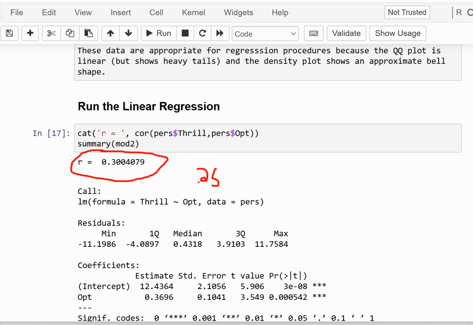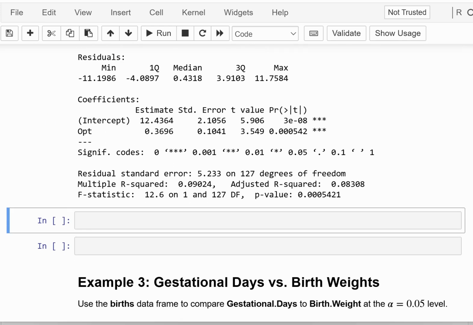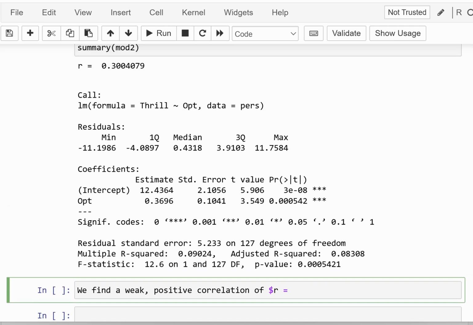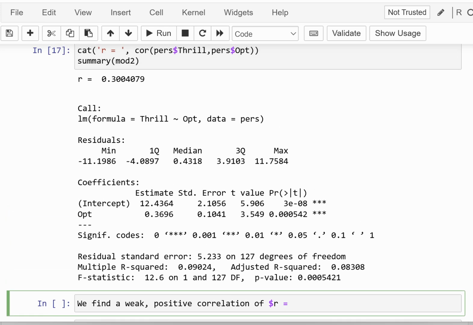If you remember the strength of correlation chart that I just put in, that's going to count as weak positive correlation. So that's going to be in my reporting out. We find a weak positive correlation of R equals, and now I have to scroll back up enough to see it, let's just call it 0.3.